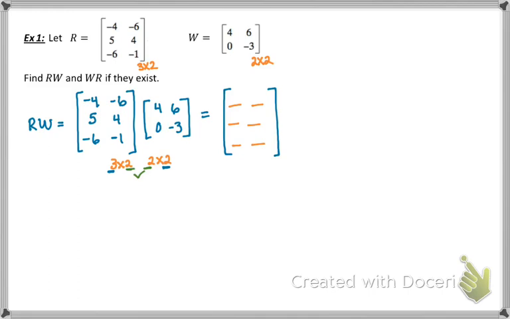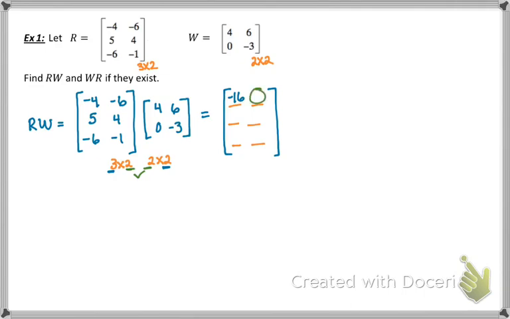So first element, we're going to look at first row, first column, and we're going to multiply the first row by the first column. Negative 4 times 4, negative 16. Negative 6 times 0, 0. So it's just negative 16. First row, second column.